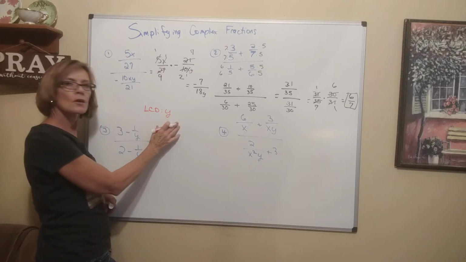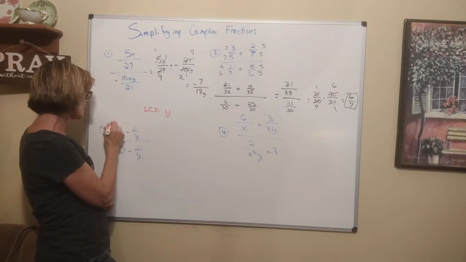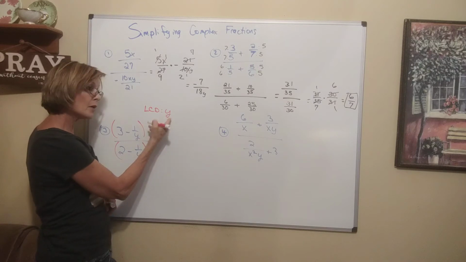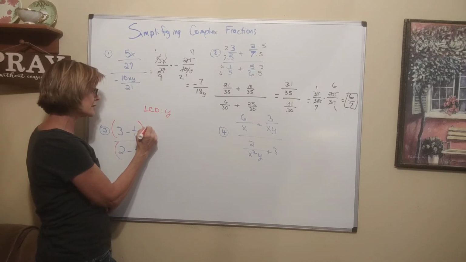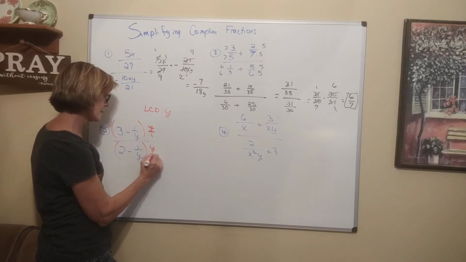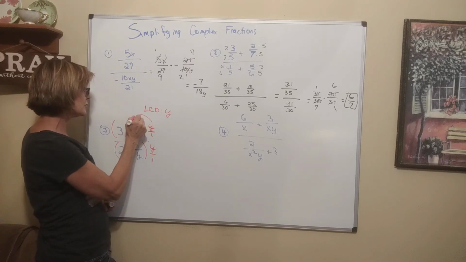After I make that decision, what do I do with it? Well, I multiply this big numerator and this big denominator by what I think the lowest common denominator is, y. I'm going to multiply it by y, but it's going to distribute to both terms.